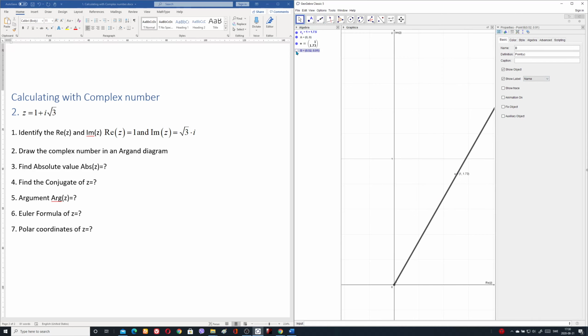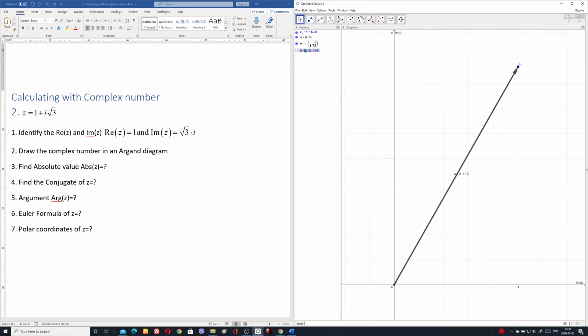Okay, good. Let me delete this point. I don't need that. So now you see that this u is 1. I'd like to change it to polar coordinates so that the length of this vector is 2, and the angle theta or alpha will be 60 degrees.